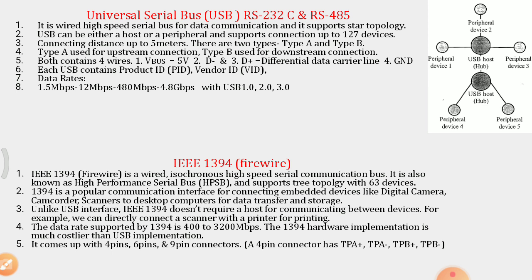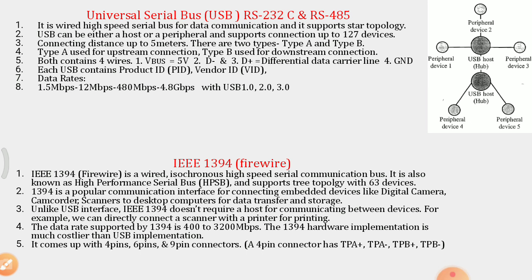There are two types, type A and type B, where type A is used for upstream connection and type B is used for downstream connection. Either type A or type B contains 4 wires.